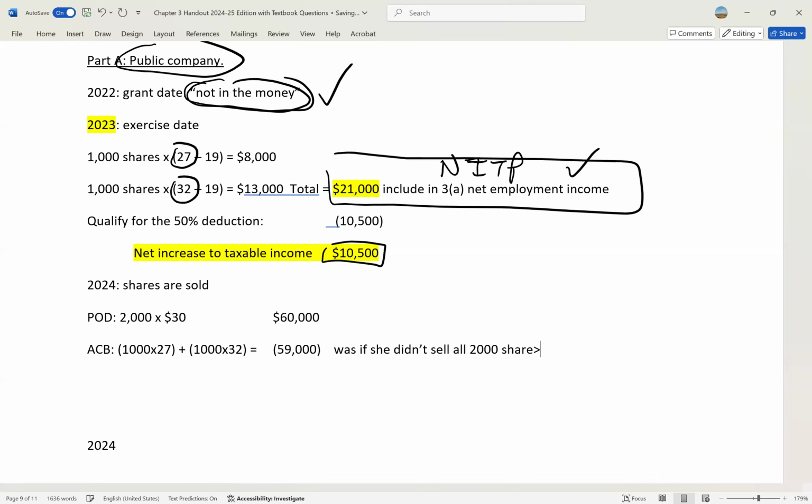What cost would we use? Well, shares are known as identical properties. So we know that the total cost is 59,000. And if we divide it by 2,000 shares, then the cost per share would be $29.50.